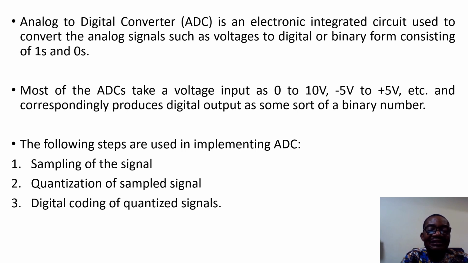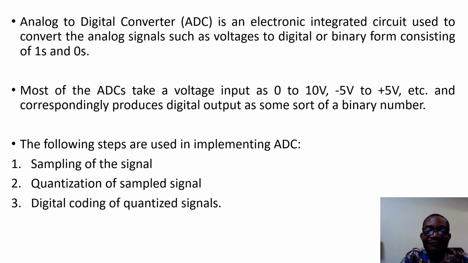Most analog to digital converters take a voltage input of 0 to 10 or -5 to 5 volts. They measure voltage within those ranges and correspondingly produce digital output in the form of binary numbers.